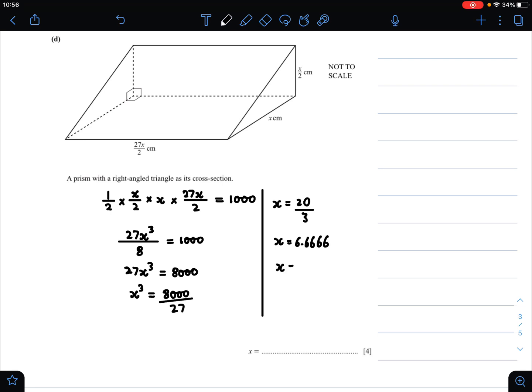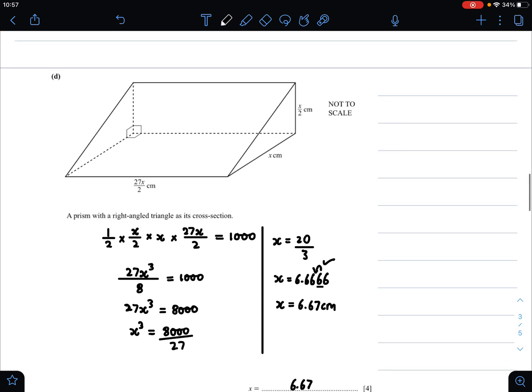And since we need to give our final answer in 3 significant figures, x will be equal to 6.67. This is because the fourth significant figure in this case, which is 6, is greater than or equal to 5, so it will round off the third significant figure to the next number. Therefore 6.67 will be your final answer for part D of this question.